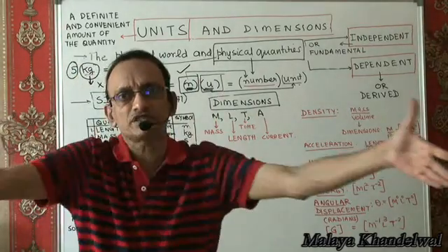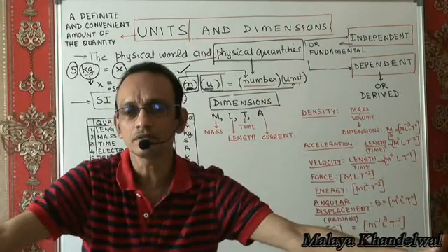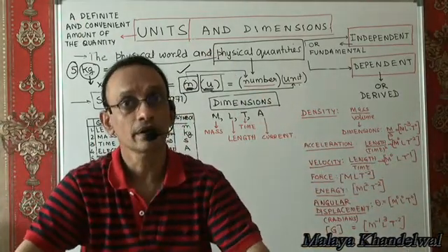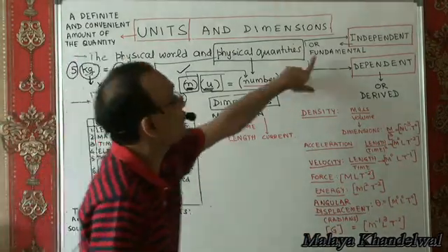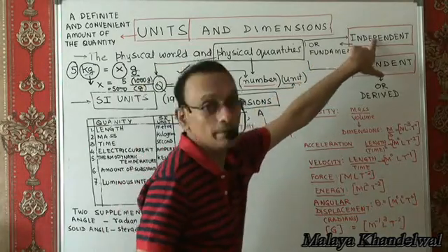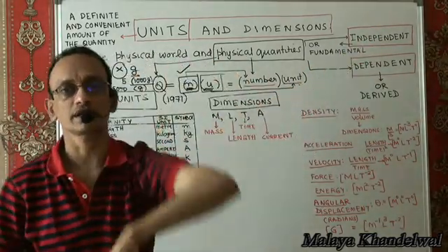So there are two kinds of physical quantities that we look at in real life: one, fundamental or independent, and two, those that are derived or dependent.